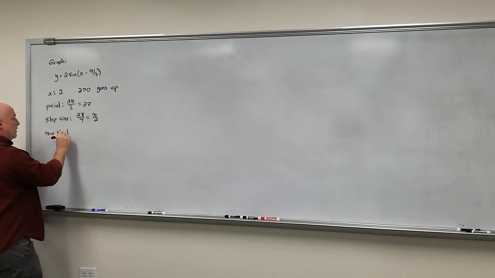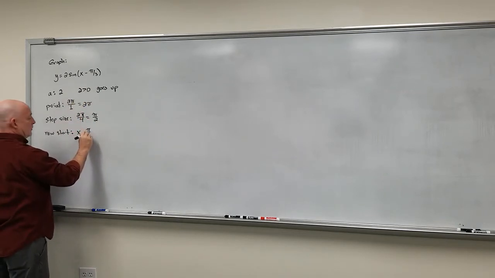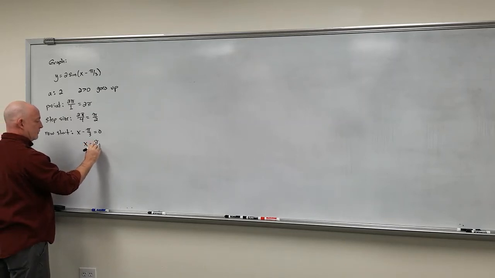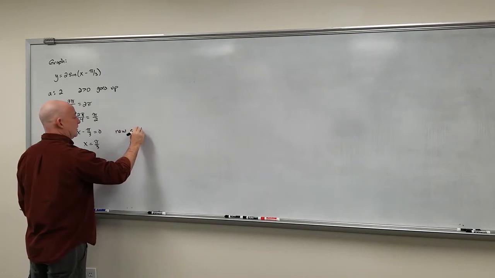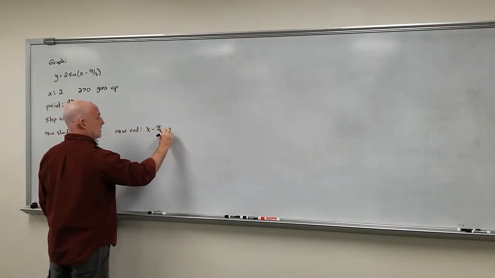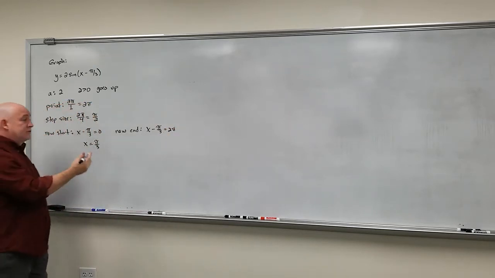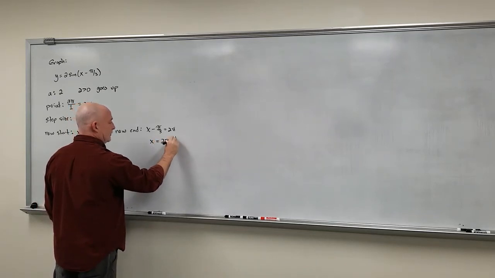Our new start, we take our argument, the x minus pi over 3, set it equal to 0 and solve. That's easy, just move that over, that's pi over 3. Our new end, we take that same argument, x minus pi over 3, and set it equal to 2 pi. All we gotta do now is solve for x, so we add that to both sides, so 2 pi plus pi over 3.